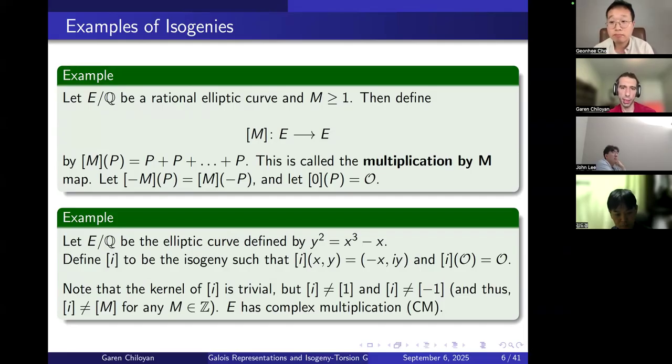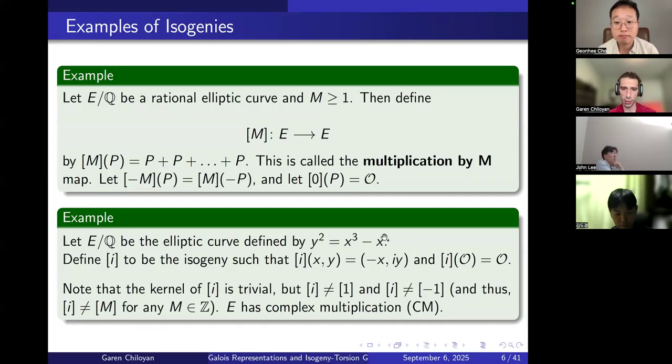So you can map an elliptic curve to itself by taking each point and adding it to itself M times. That's an isogeny because it maps the identity to itself, and it is, in fact, a rational morphism. And if you want to do negative M of P, it's the same thing as doing M of negative P. And of course, if M is zero, then the zero map is a constant map. It maps everything to the identity.